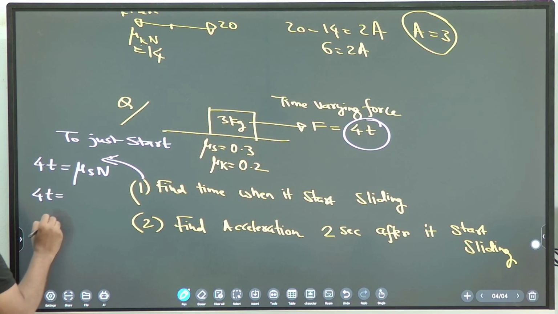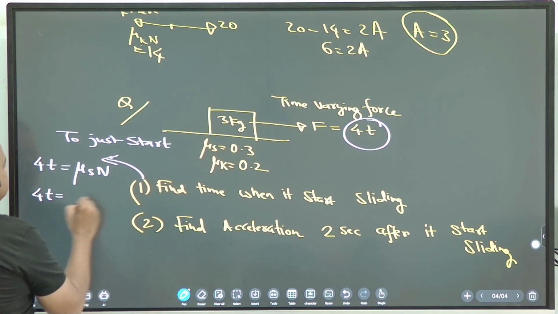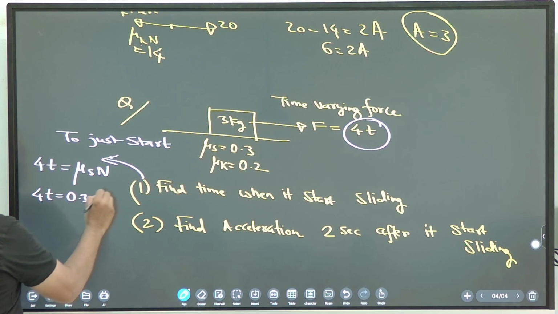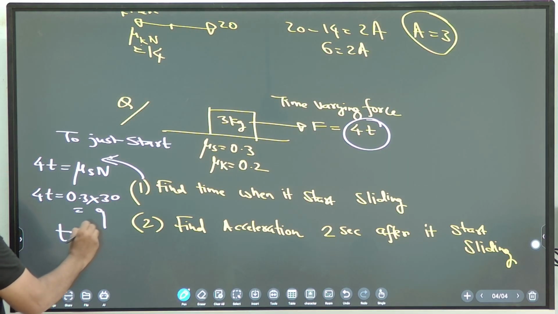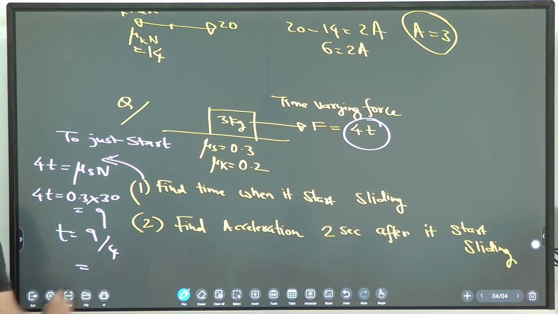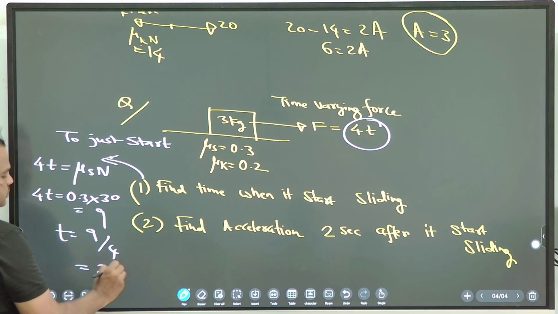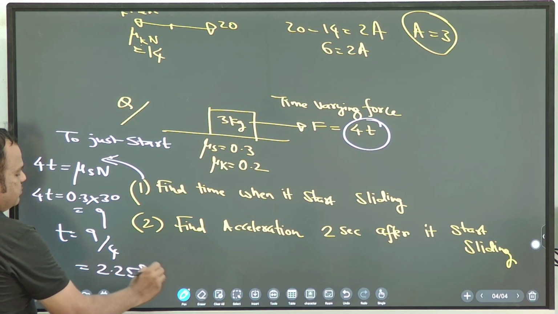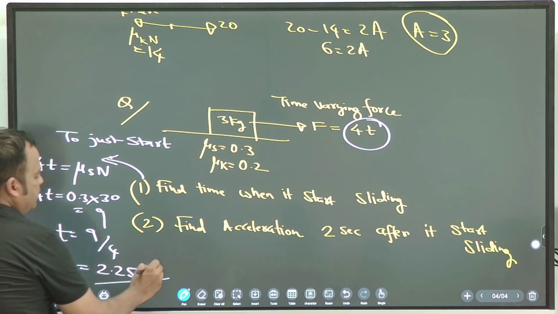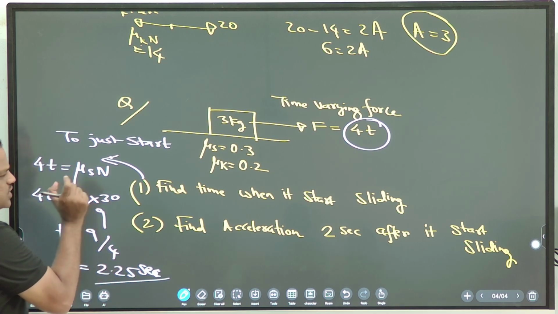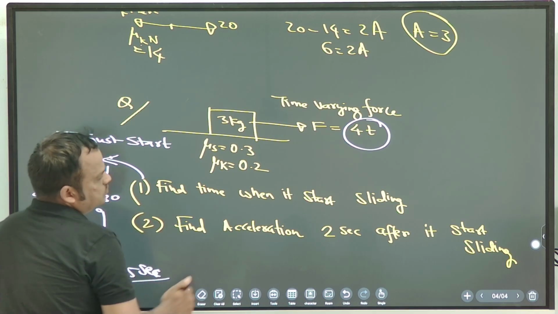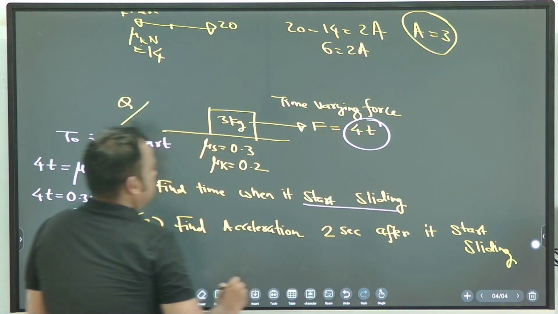So 4t is equal to mu s into 30, so 9. So what is the time? 9 by 4 means how much? 2.25 seconds. Okay. So at 2.25 seconds, it will just start sliding.